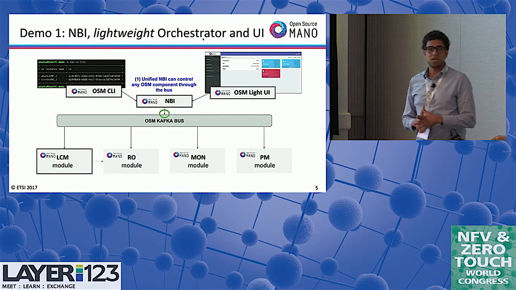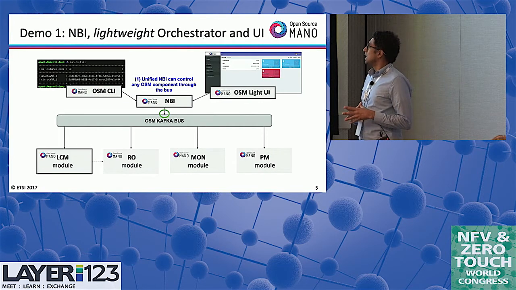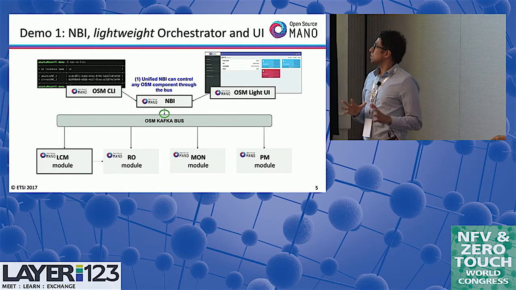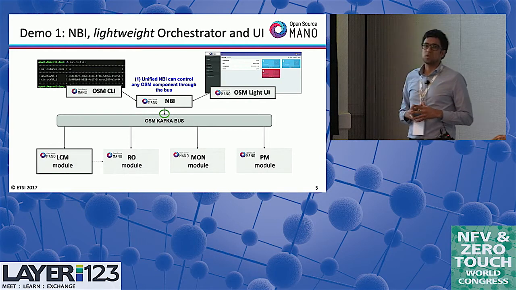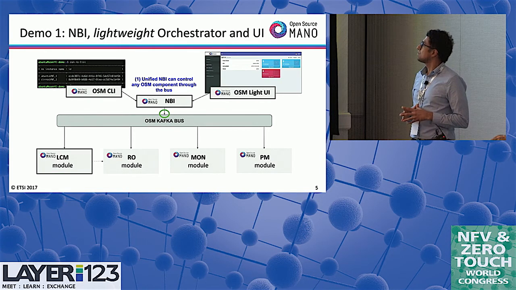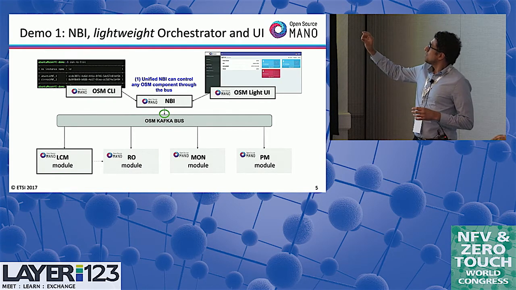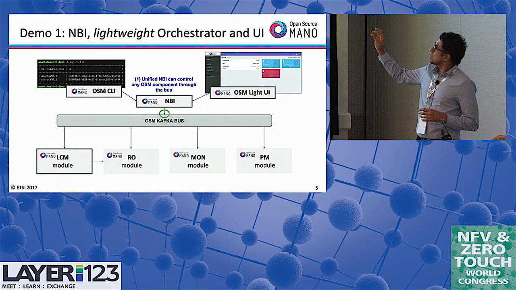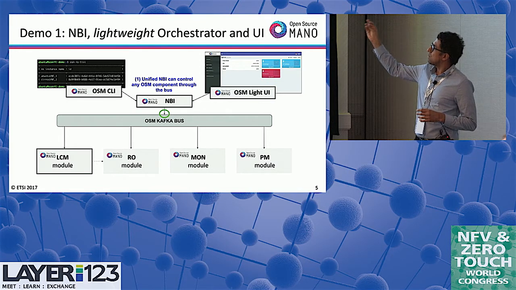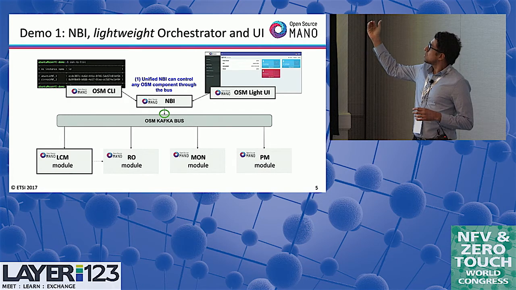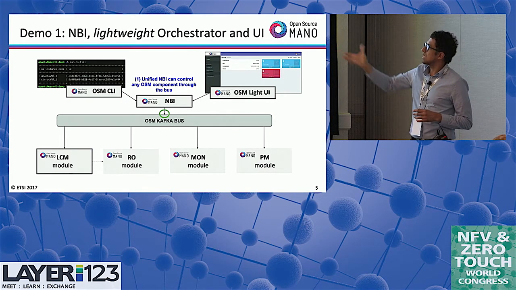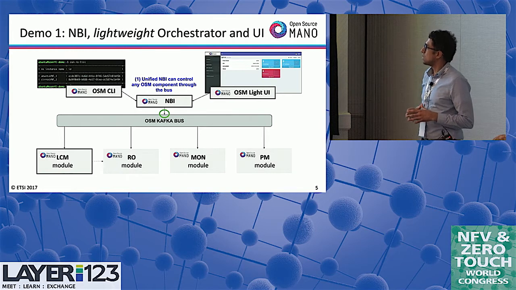So let's get started with the demonstration. It would be just 3 quick demos as a preview of what you will see in release 4. So first of all, in this first demo, we will show how the northbound API can be used to talk to the existing models and the new lifecycle management model of OSM.